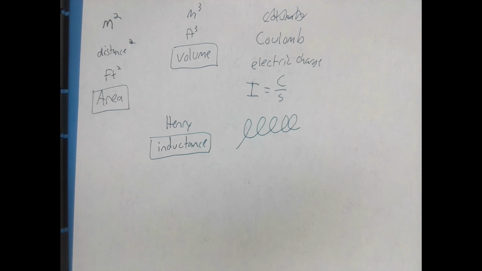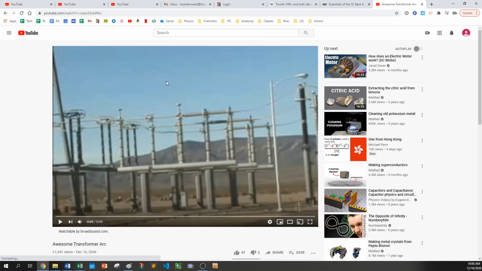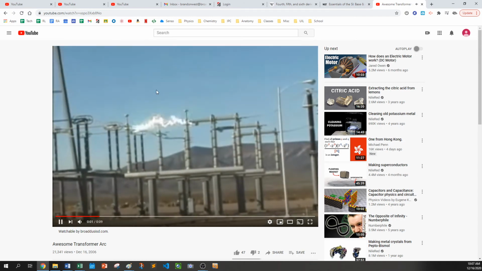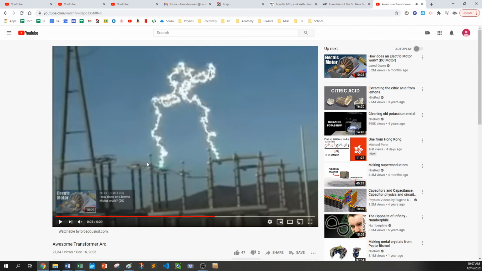So a transformer acts as a very big inductor, and whenever they need to kill the power, an inductor basically says current is going to resist change. So when they throw this breaker, the current wants to continue going, and it will increase the voltage to any amount necessary to continue the flow of current.